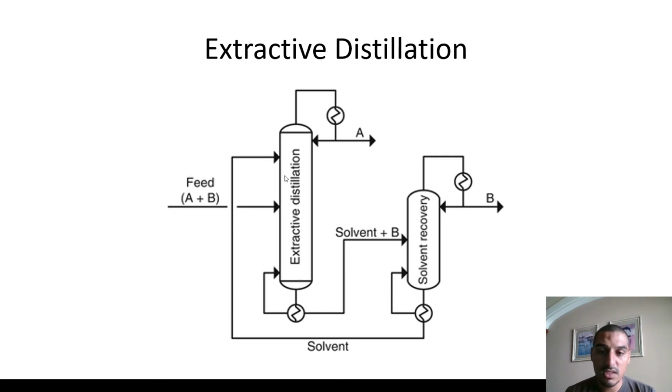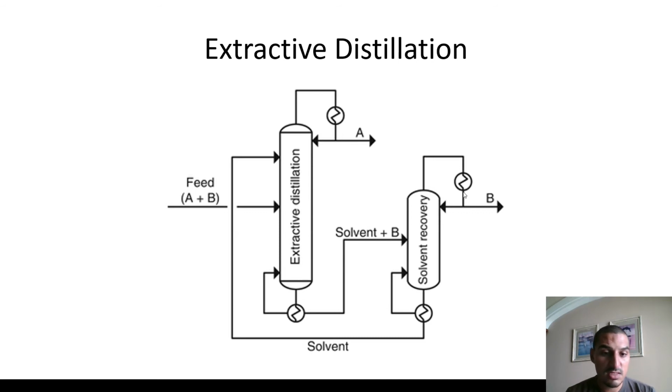So the solvent is dissolving the water, and then the ethanol is coming as a top product here, and there is another column for solvent recovery to distill the water from the solvent, which is glycerin. Some other components might be used, but glycerin is one famous solvent that's used.